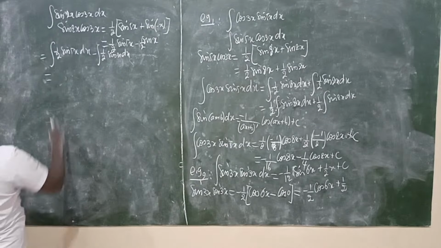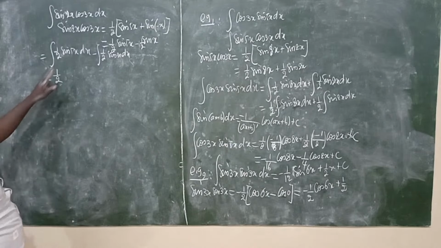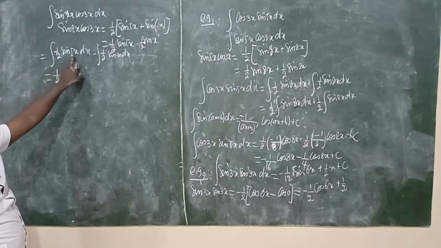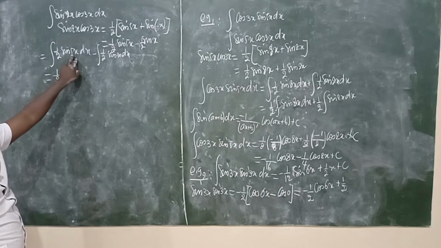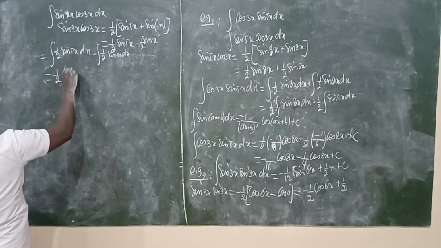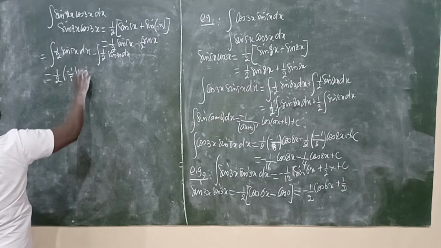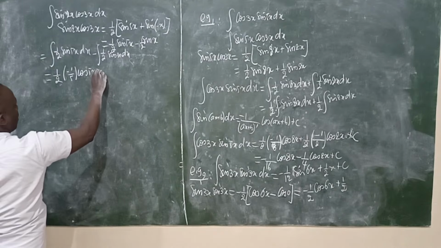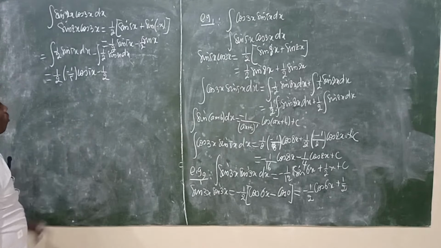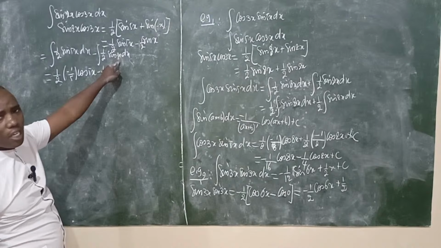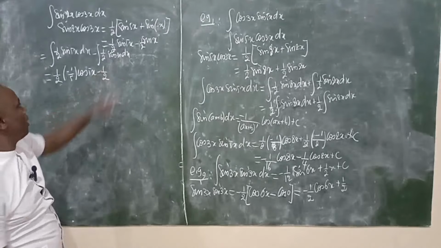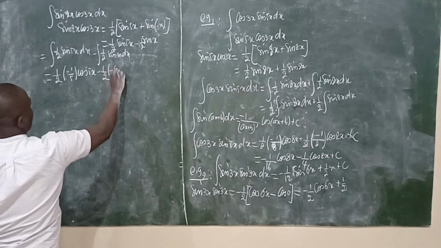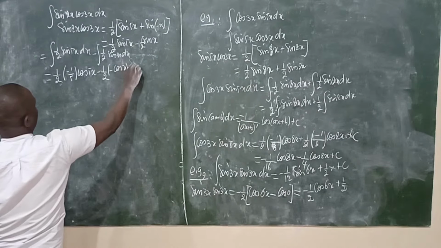This will be a half. What is the integral of sine 5x? That is minus 1 over 5 cosine 5x, minus 1 over 2. What is the integral of sine? That is minus cosine x plus c.